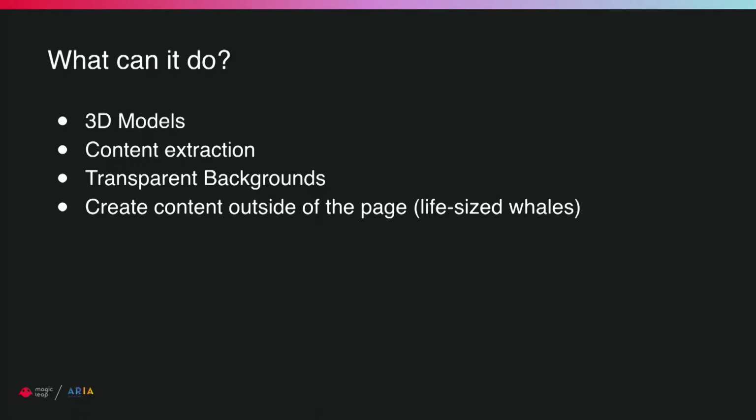What can it do? So the Prismatic JavaScript library can render 3D models, obviously. It can do this feature that we call content extraction.